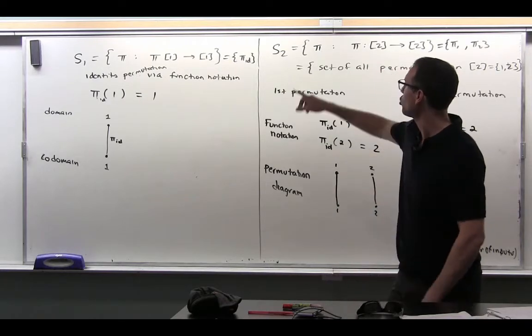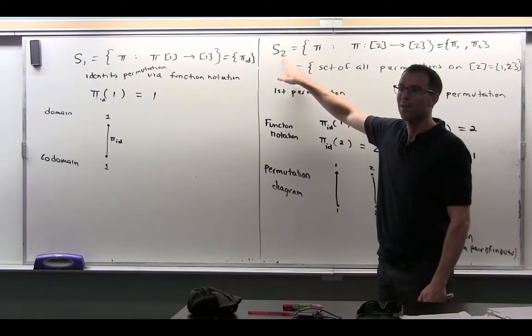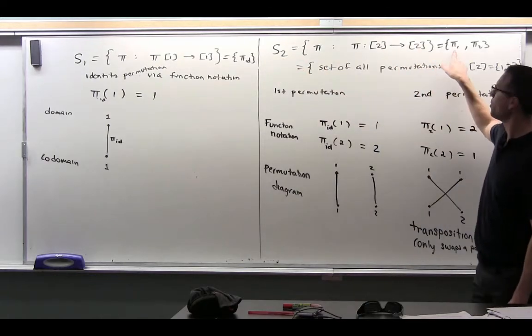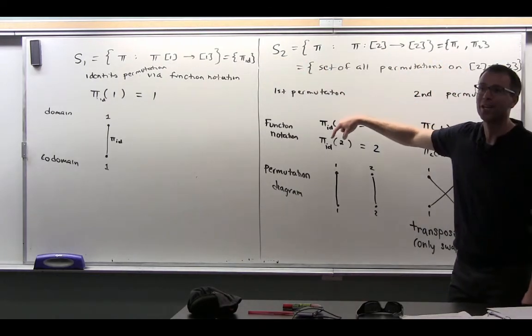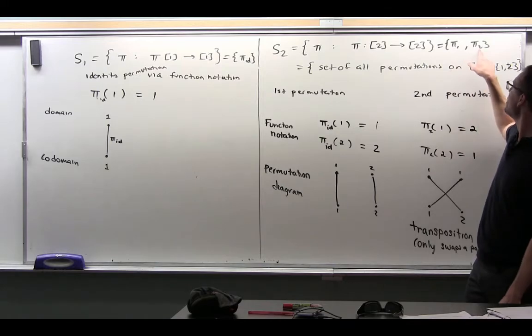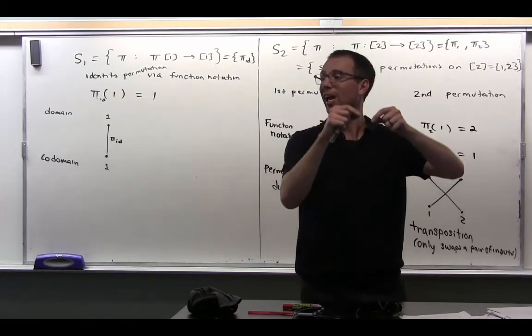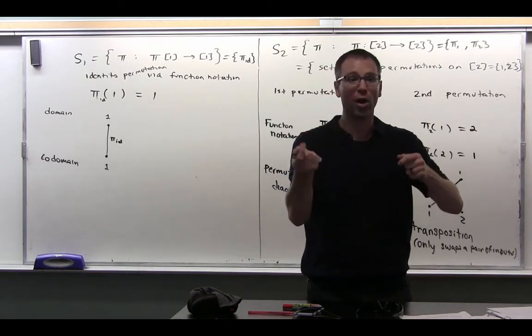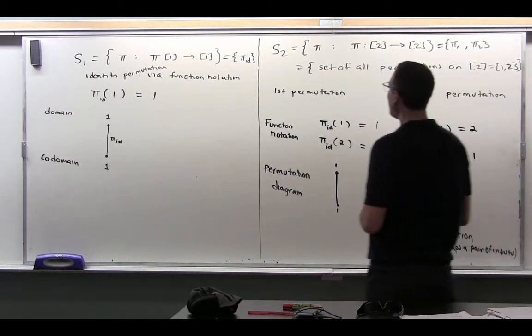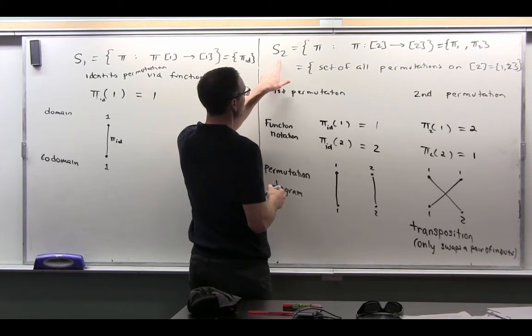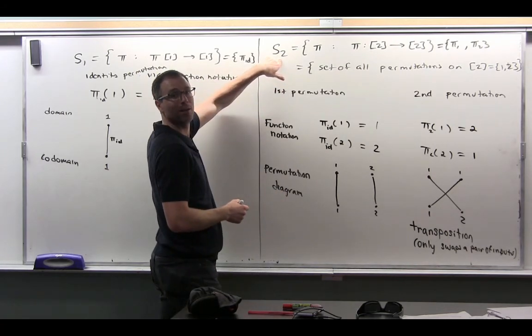So what's the symmetric group on a set of two elements? It's the identity permutation that maps 1 to 1 and 2 to 2, and it's the unique transposition that maps 1 to 2 and 2 to 1. How many total elements are in this particular one? 2.